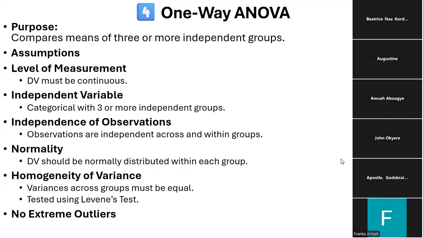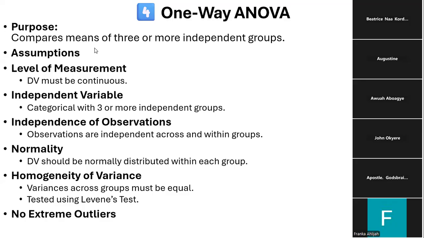Yes, is that Beatrice or who? No, Franca. Please, I think it has to do with the number of independent groups. The independent t-test is limited to two groups, but the one-way ANOVA is for three or more groups. Yeah, you are 100% correct. Thank you very much.